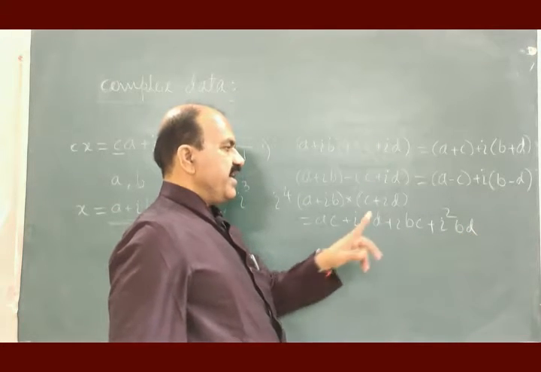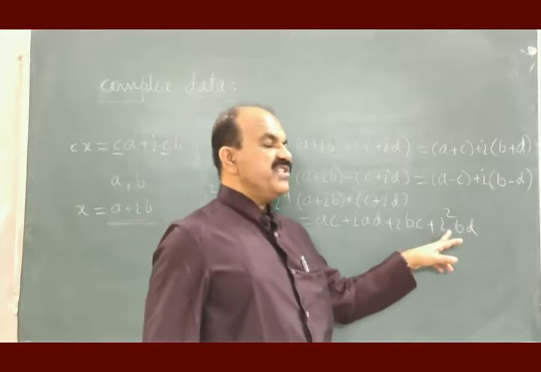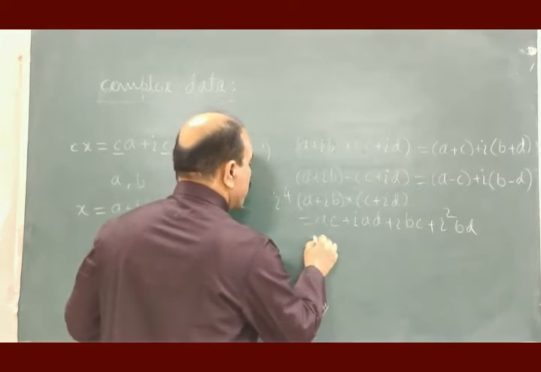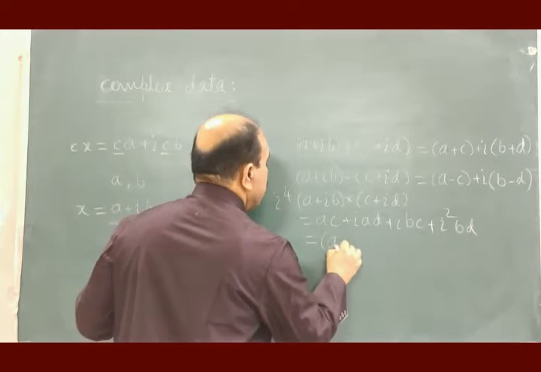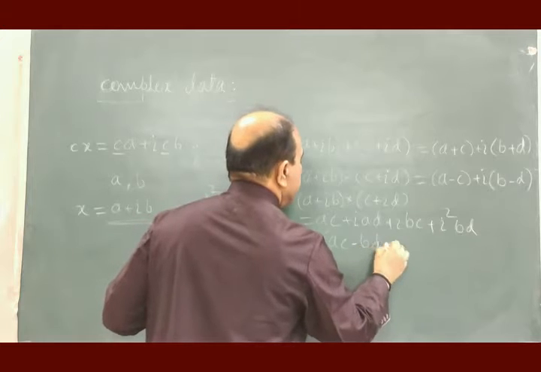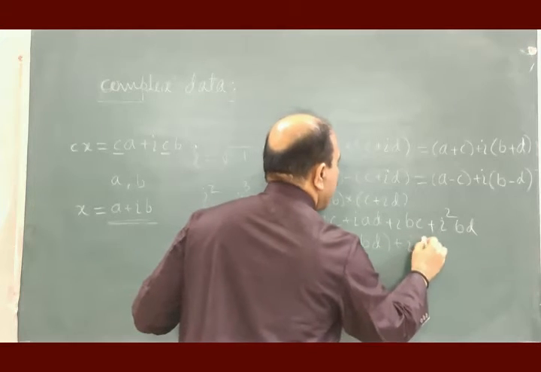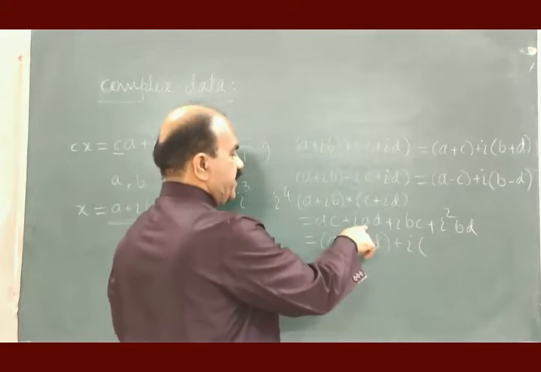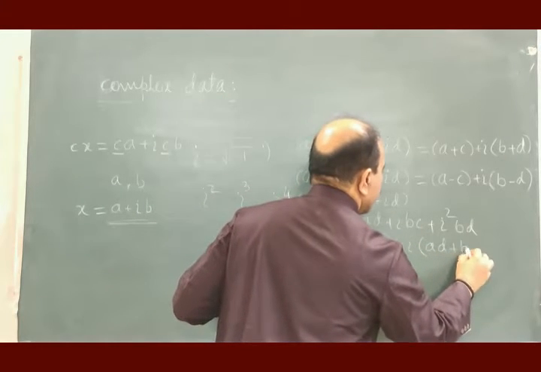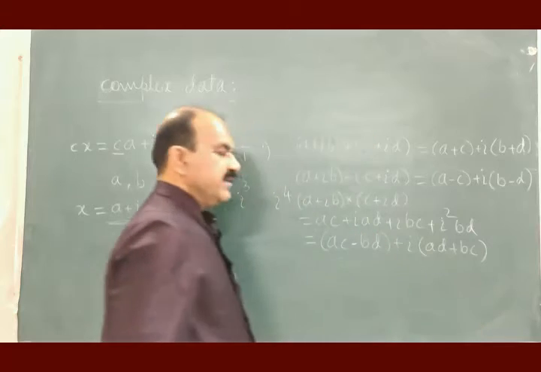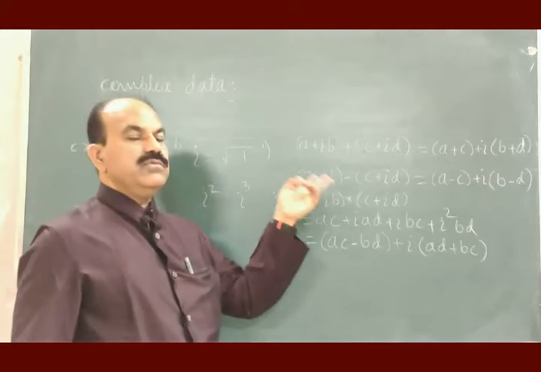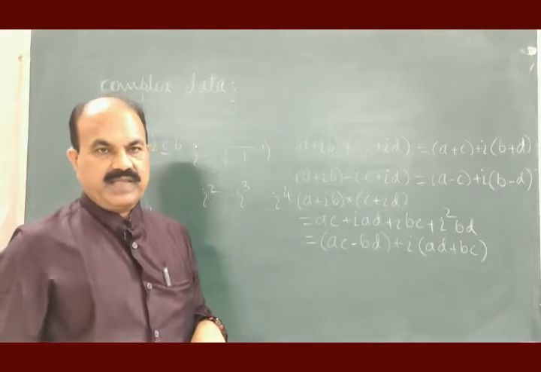This I can be taken common. What is I square? Minus 1. And so, product of these two will be AC minus BD plus I into, in the bracket, AD plus BC. This is the formula for product of two complex numbers.